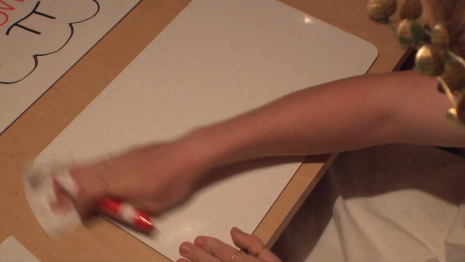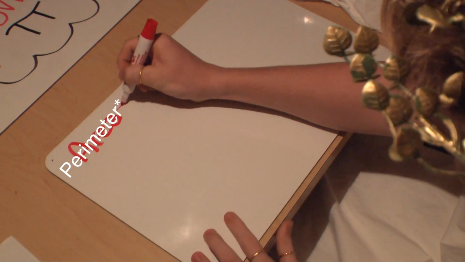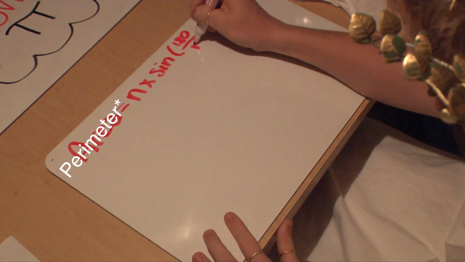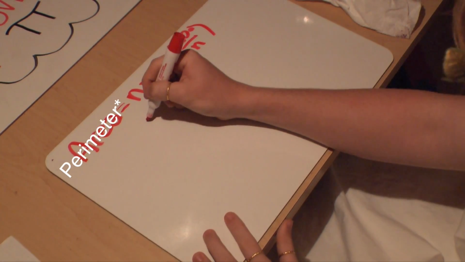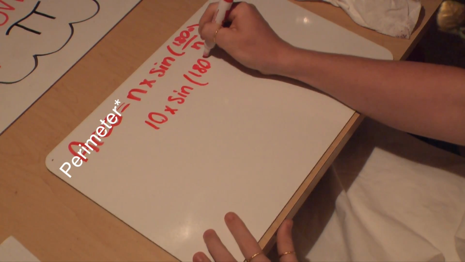His final equation was that the perimeter equals n times sine of 180 divided by n. This equation is useful because as we increase n, the number of sides, we increase the proximity of pi.